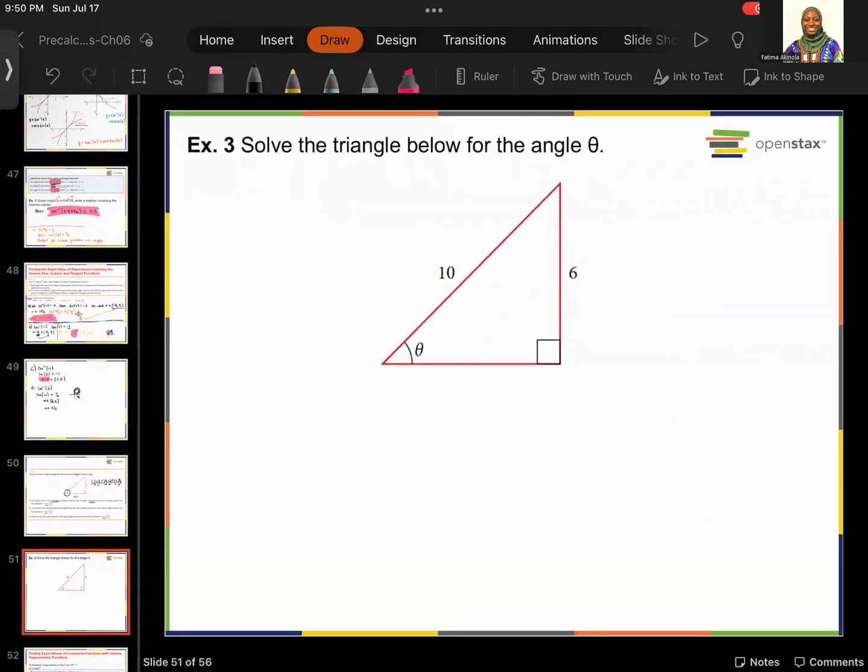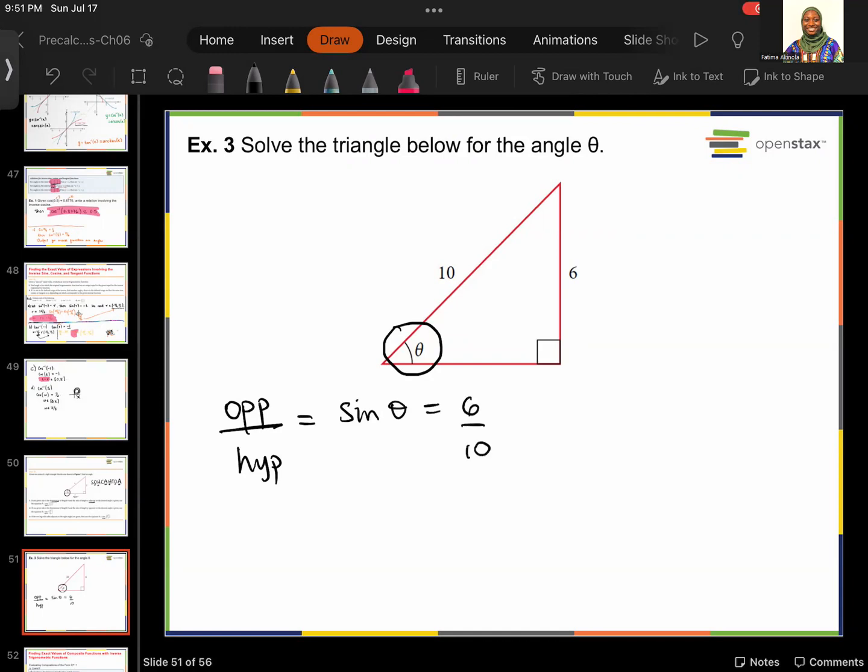Okay, so let's take an example. Here we have a triangle and we're trying to find the angle theta. We have opposite and we have hypotenuse, and that gives us sine of theta, and that is 6 out of 10.